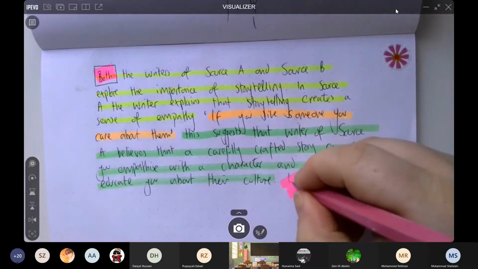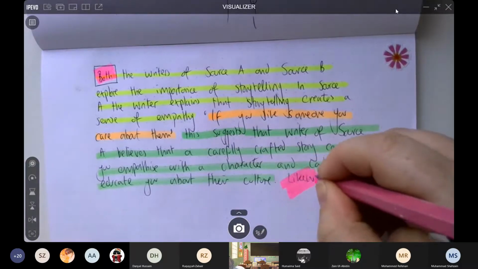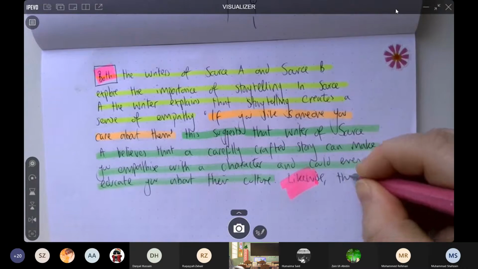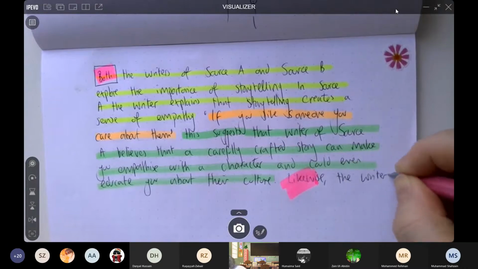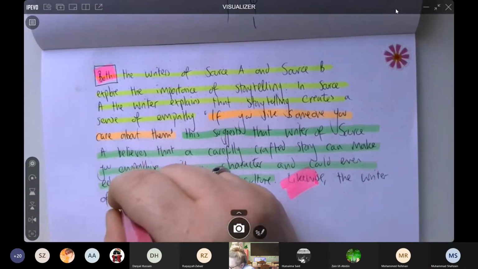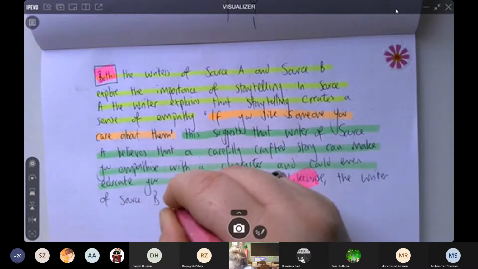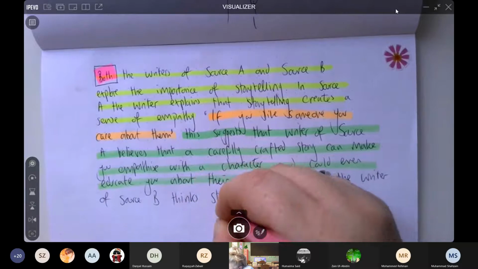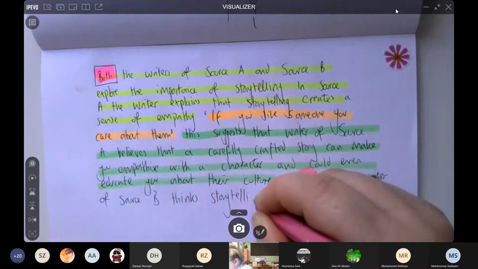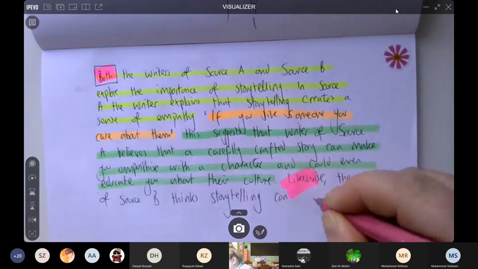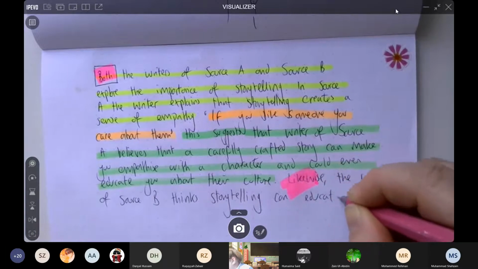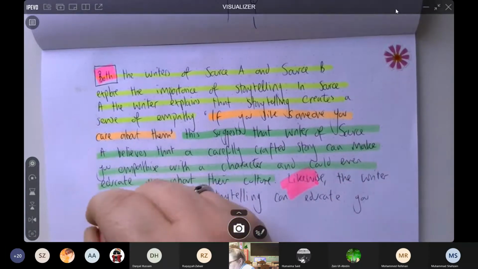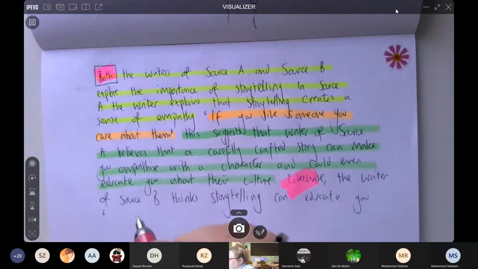So we might say, likewise, the writer of source B thinks storytelling can educate you. Then we're going to use that quotation, stories matter.